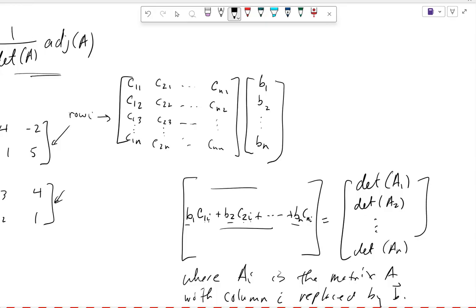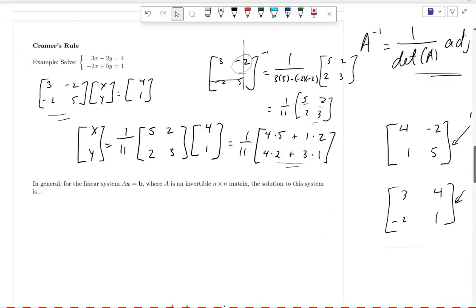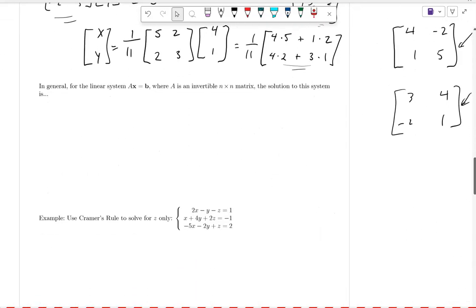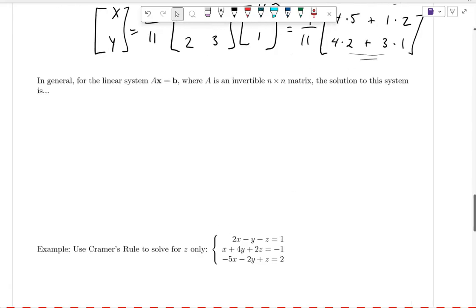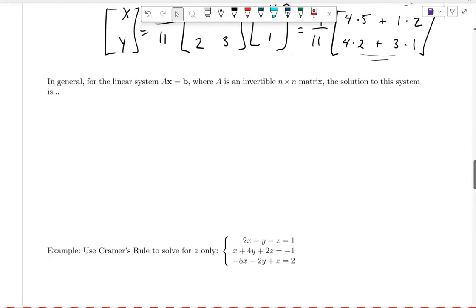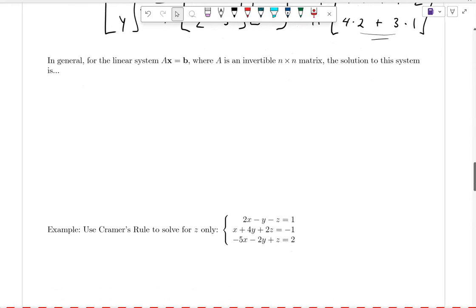So then what your solutions become for Cramer's rule, and I'll write this down in the next part here. So when you have the system AX equals B, your solution to this system can be thought of as the following.